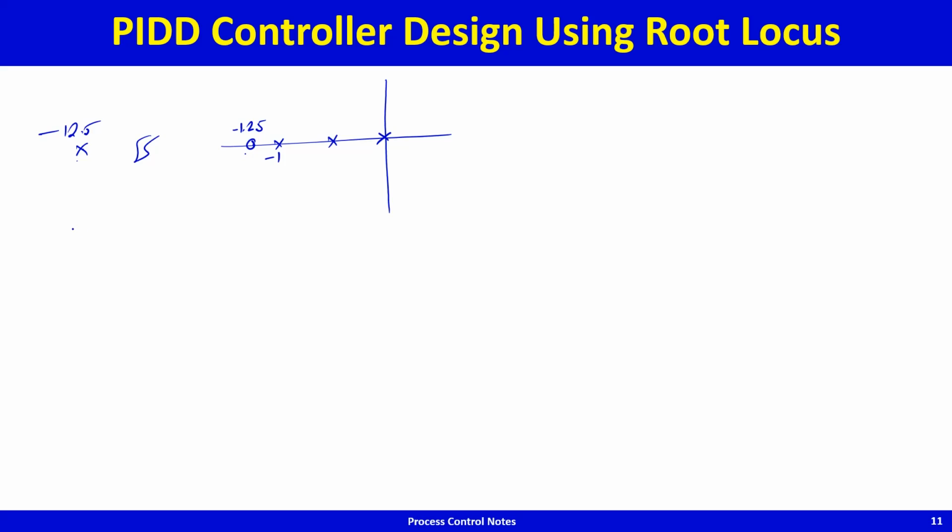So if you look at the real intercept of the asymptotes, that is going to be minus half, minus 1, minus 12.5 into 2, because it's done twice, plus 1.25 into 2, divided by 3.